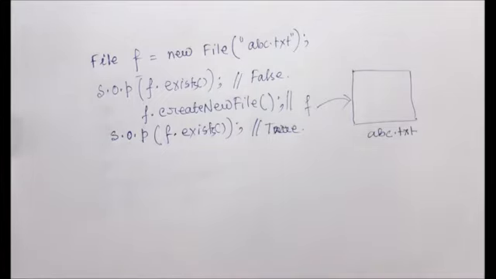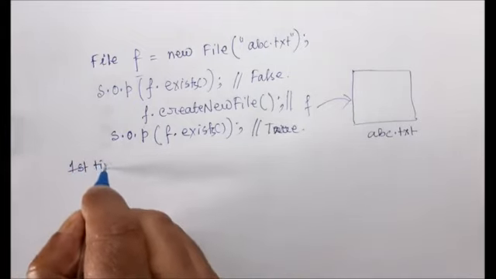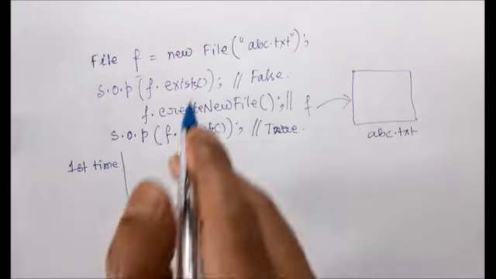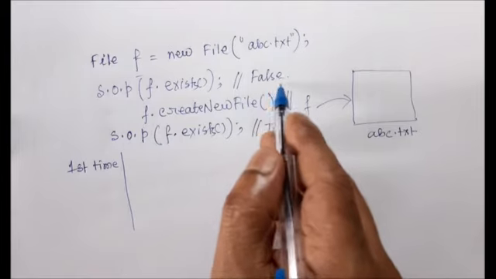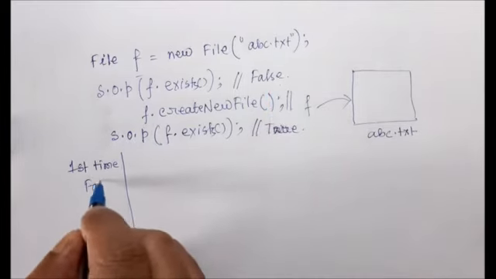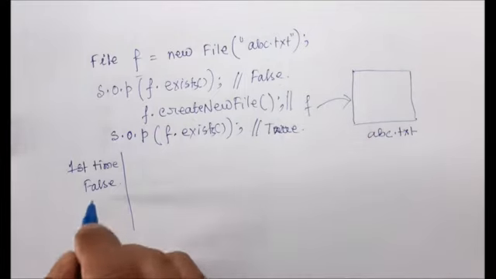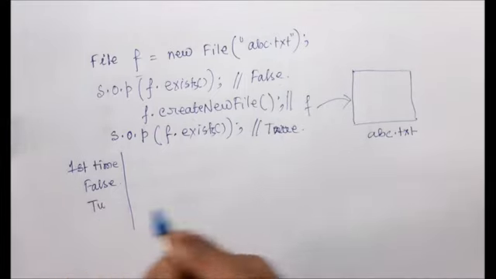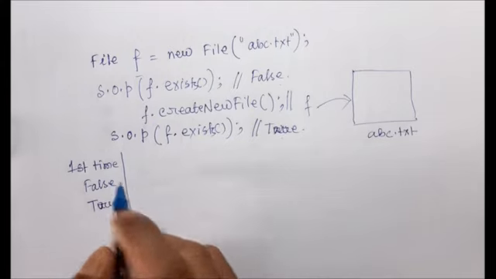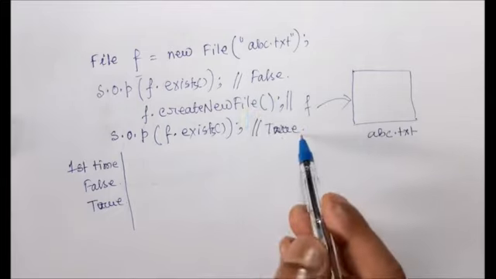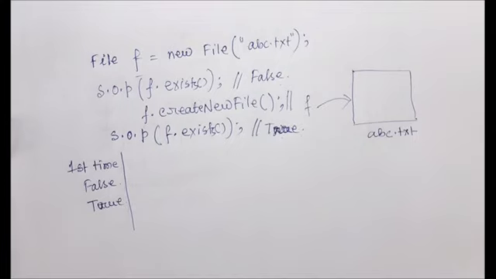So what does this mean? Let me clarify. The first time I execute these lines, what will the first output be? False. And after this I get true. So if the lines are executed for the first time, I get false here and true here.